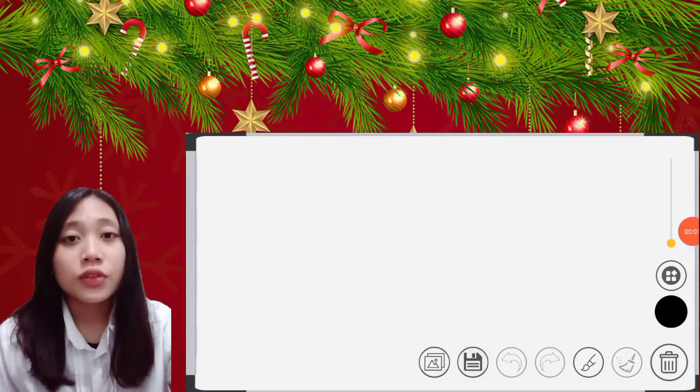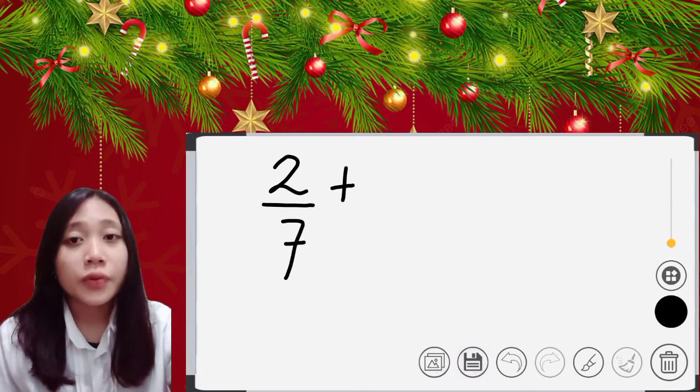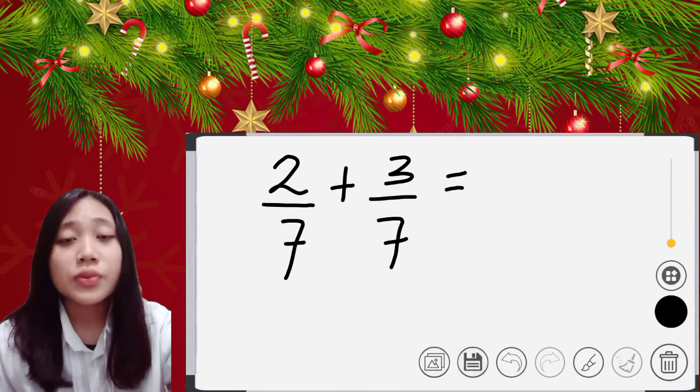Pay attention to the first question, namely the addition of common fractions. 2 over 7 plus 3 over 7 equals. If we look at the first question, the fractions have the same denominator.